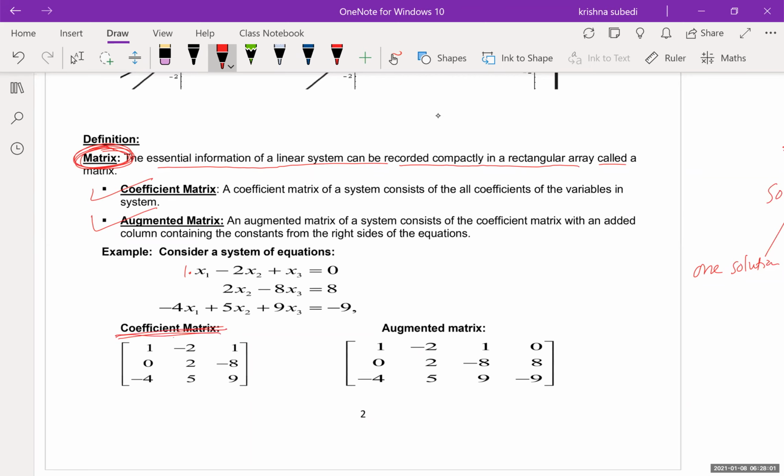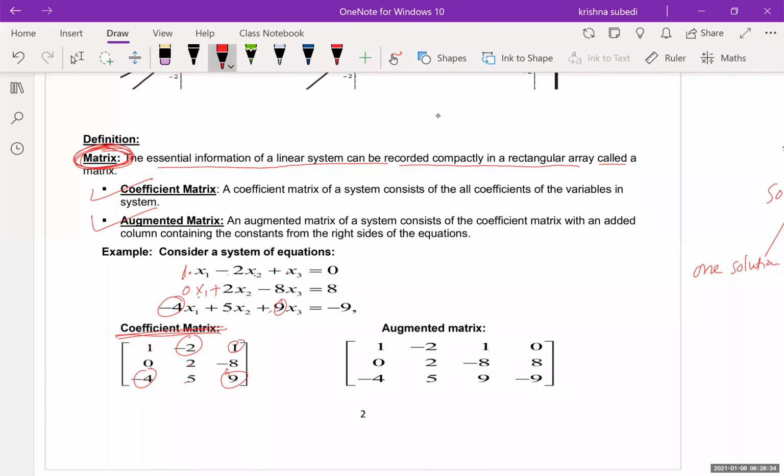You are putting only the coefficients of the variables in the matrix. So the coefficient of x1 is 1, x2 is negative 2, and x3 is 1. Just put them together in that form. And here x1 is 0, since there is no x1, then 2, negative 8, negative 4, 5, 9.